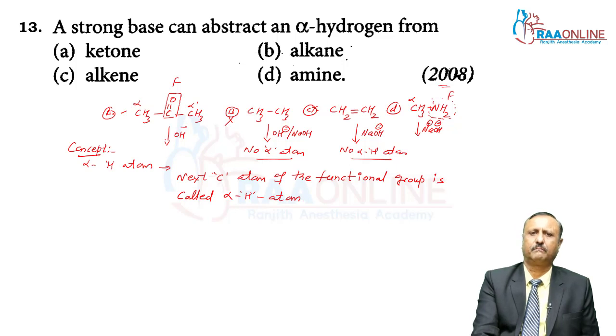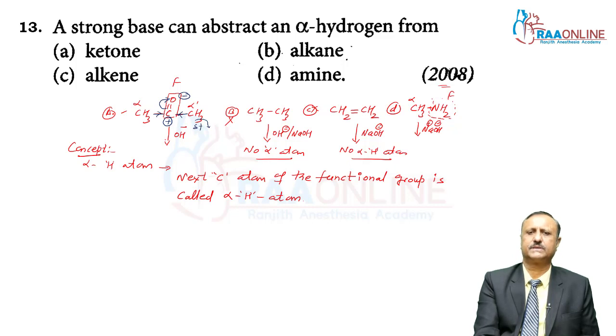Here you can see the pi electrons are present, and due to these pi electrons, they go to the oxygen atom, the oxygen atom gets negative charge, and this carbon atom gets positive charge.